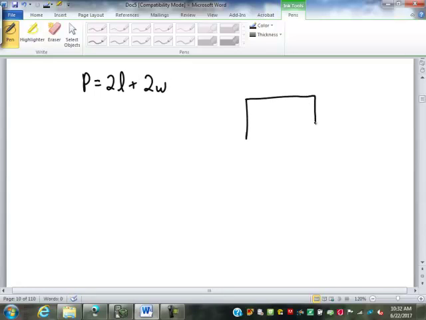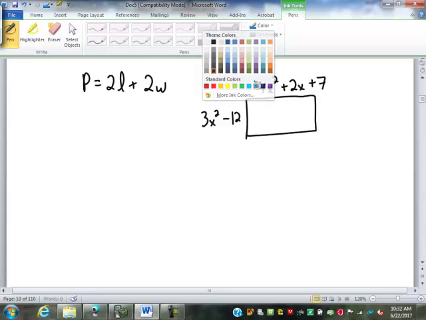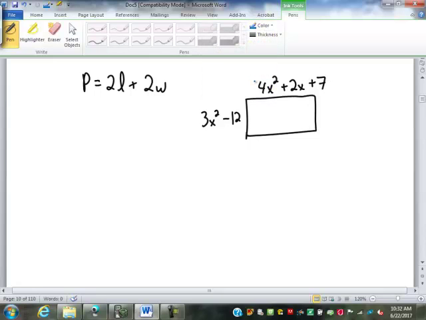If I give you a rectangle that has a width of 3x squared minus 12 and a length of 4x squared plus 2x plus 7, how would I express the perimeter?